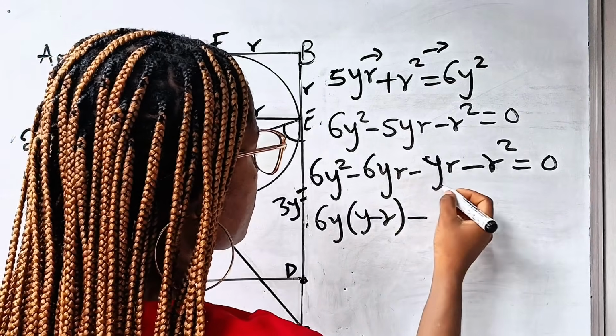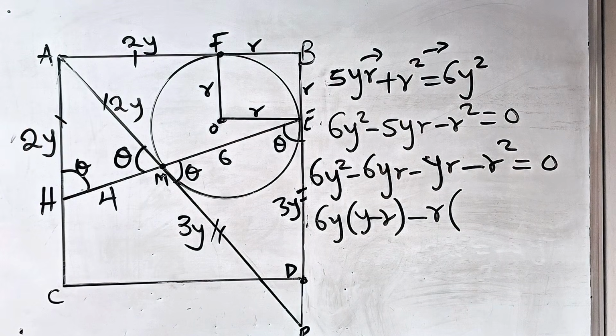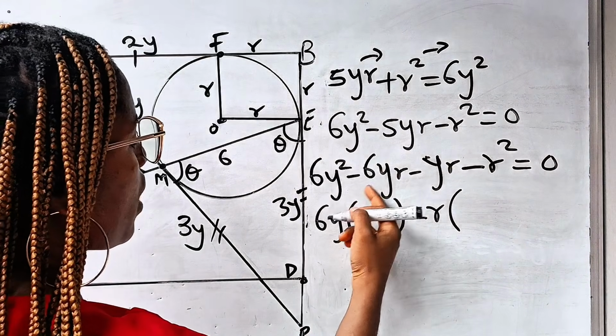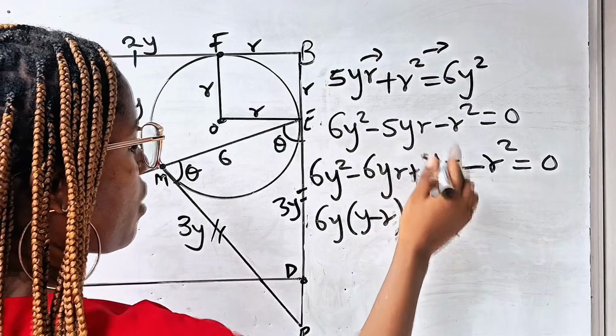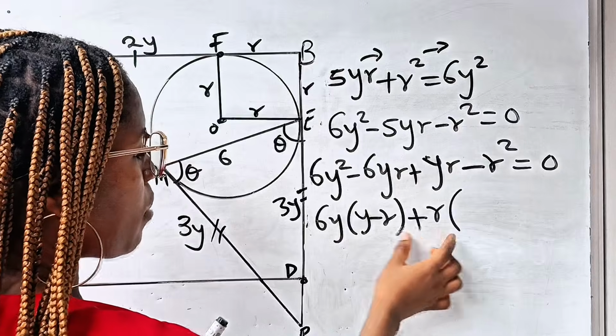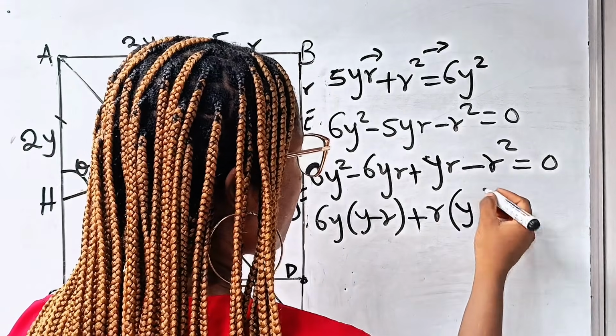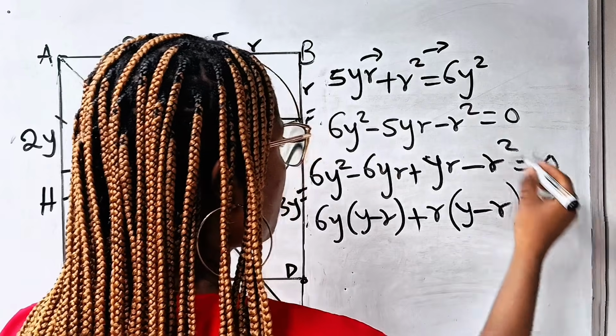Then what is common here is r. We open our brackets. Now when yr is divided by r, we are left with y minus r squared divided by r is minus r, is 0.